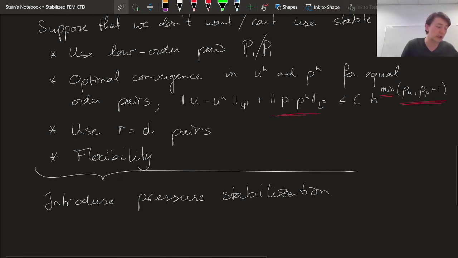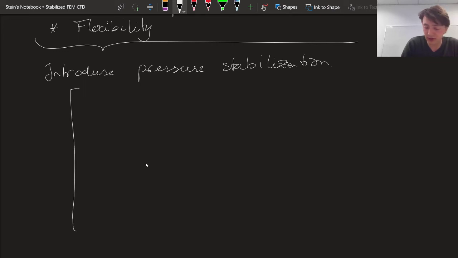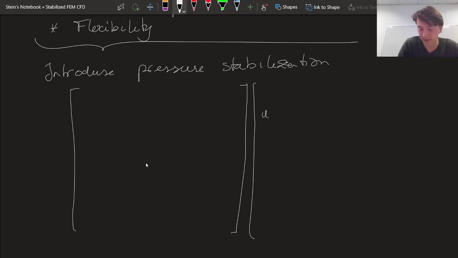Now, what does this look like? This means that we're going to introduce a series of different types of stabilized methods. So let's consider our system of equations, with our velocity degrees of freedom and our pressure degrees of freedom.